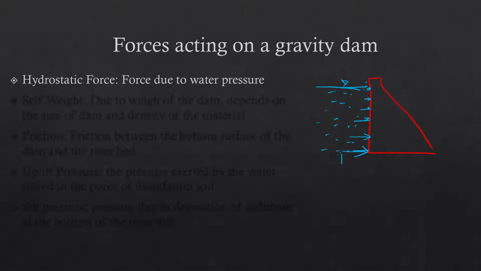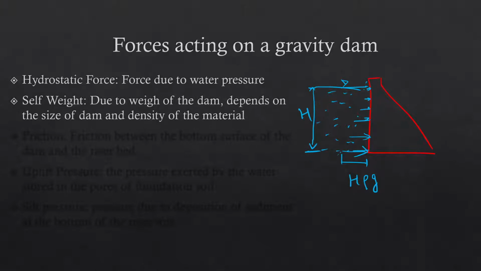And the hydrostatic pressure at the bottom is equal to H rho g, where H is the total depth of water present in the upstream, which is measured from the bottom of the dam. Then comes the self weight of the dam, which you can find out simply by calculating this area and then multiplying it with the length of the dam.